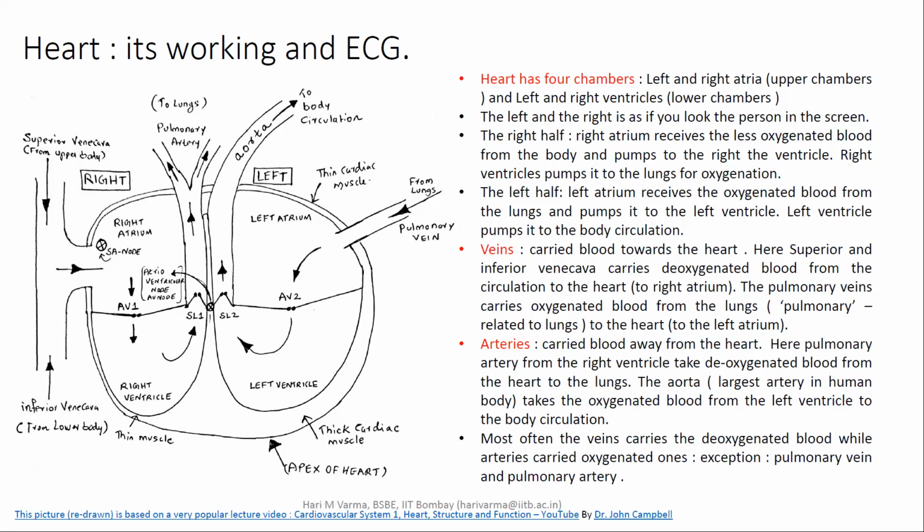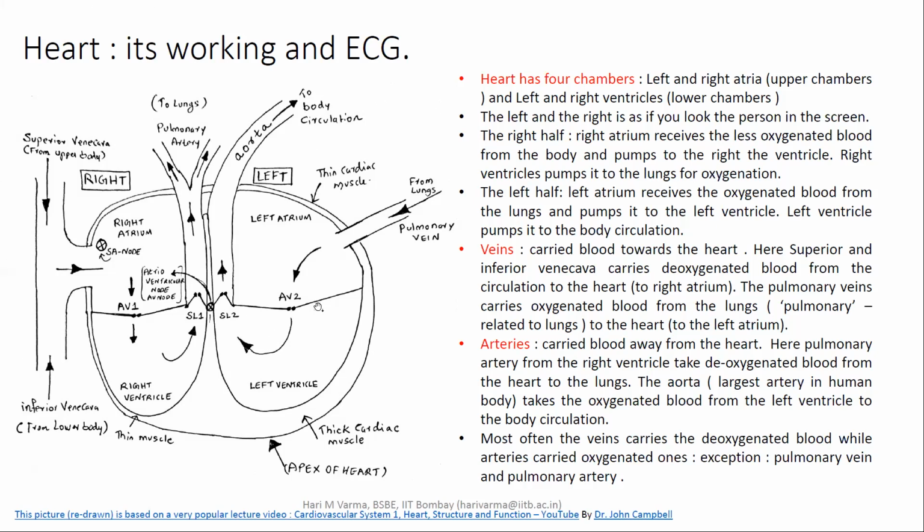So the heart has to pump the oxygenated blood with the nutrients to the body. At the same time, it also has to receive the deoxygenated blood from the whole body and put it back to the lungs so that it will get oxygenated. And that oxygenated blood will come back to the heart, which will pump it to the body.